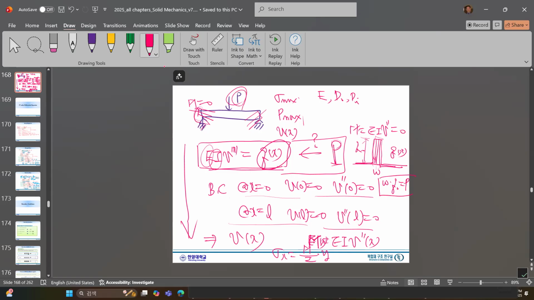This is a P. So this pattern with a width of W and the height Q0, this times will be a concentrated load. And now this P can be expressed as a QX. Well, a little bit complicated, the 0, 0, 0, and then suddenly Q0, and suddenly down and 0, 0. Well, this is mathematics. We don't need to worry.